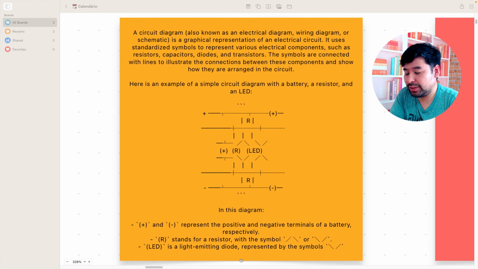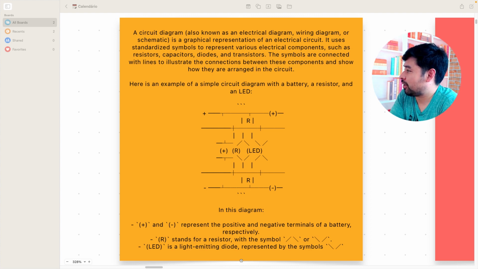As you can see here, next to me I have this little note about a circuit diagram. I'm gonna read it for you in English and then after in Portuguese, just for us to have a better idea why we are learning that thing. So follow me. A circuit diagram, also known as an electrical diagram or wiring diagram or schematic, is a graphical representation of an electrical circuit.